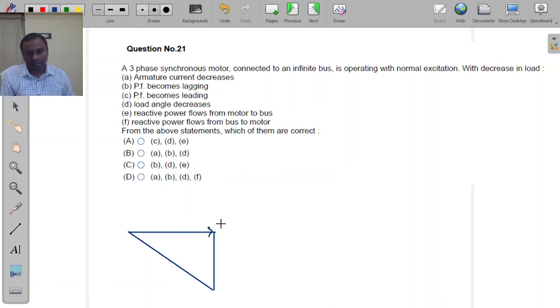This is the V at nominal excitation. This is the I. So this is the IA XS.